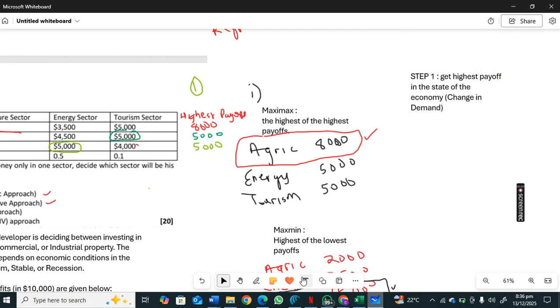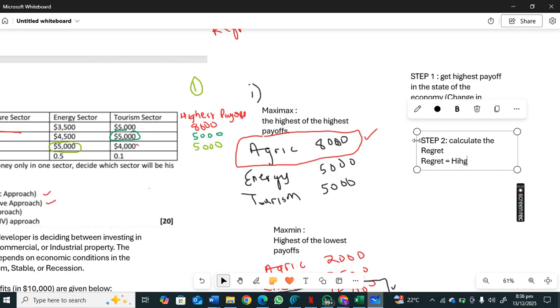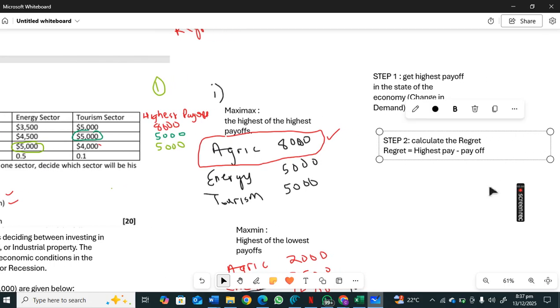Step 2, calculate the regret. So regret equals highest payoff minus the individual payoffs. So highest payoff minus payoff basically, and you're going to see what I mean.